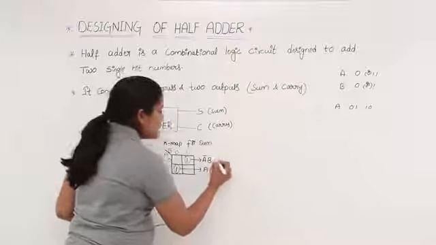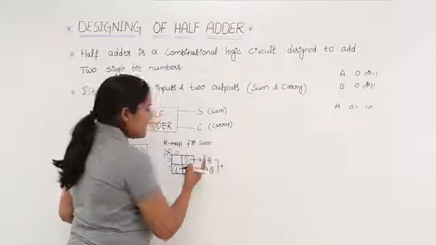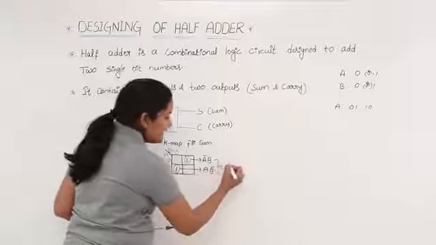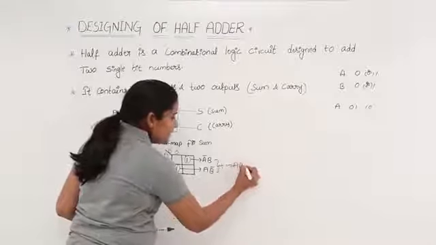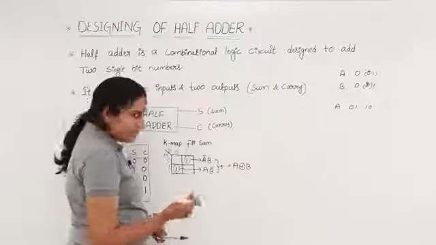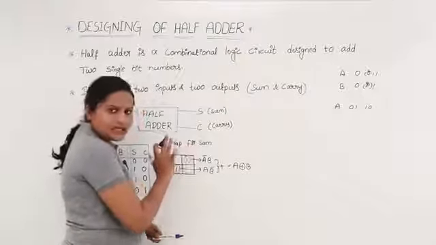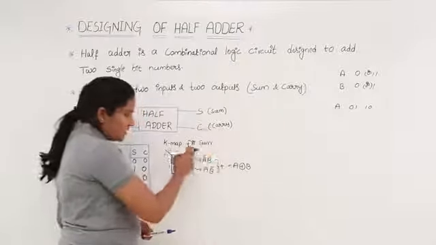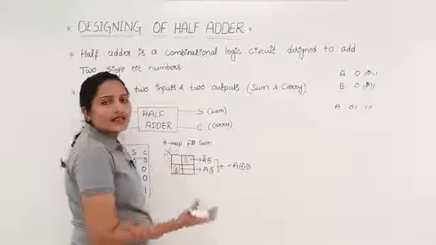By adding these two prime implicants you get A bar B plus A B bar, that is nothing but A XOR B. You get the same thing, but by seeing it in diagonal, you can say this is XOR.